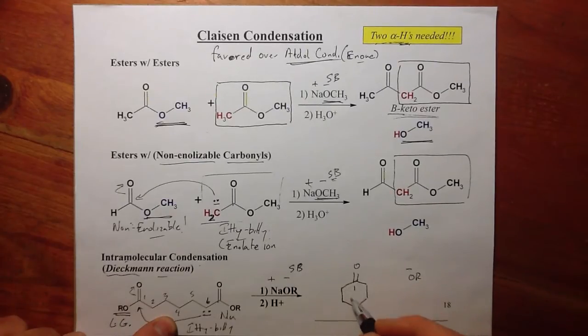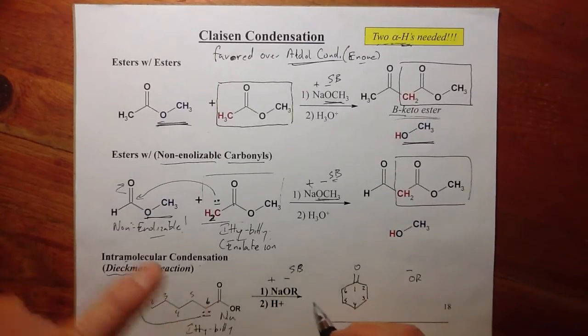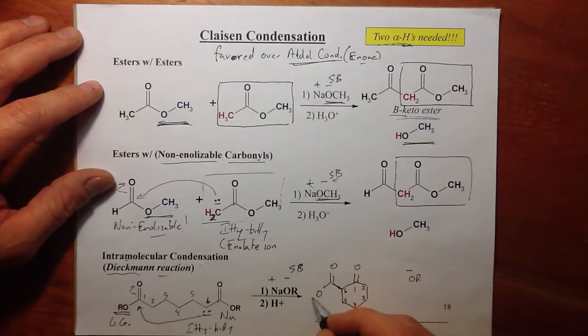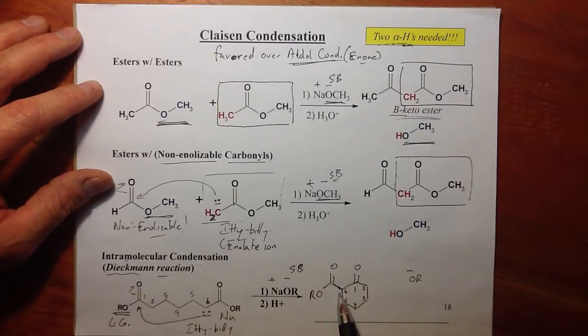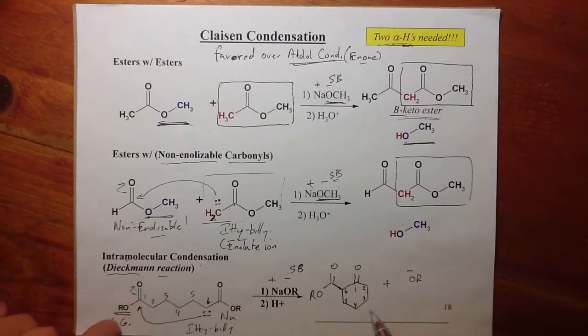Now 6 has off of it the rest of the structure that was dragged along with the nucleophile. This part did not change, so I have to show it off of carbon 6. 5 didn't have anything off of it, 4 doesn't have anything off of it, neither does 3 nor 2. On 1, we reestablished the carbonyl, but this leaving group has left.